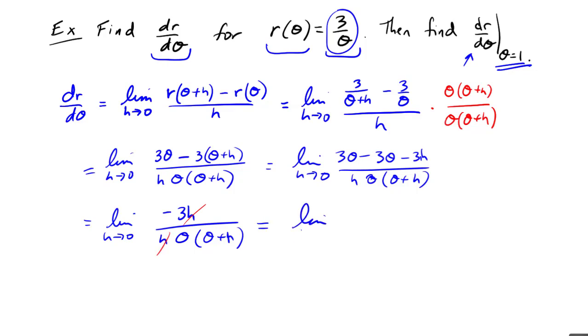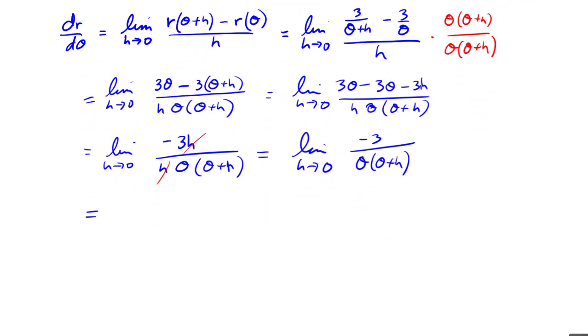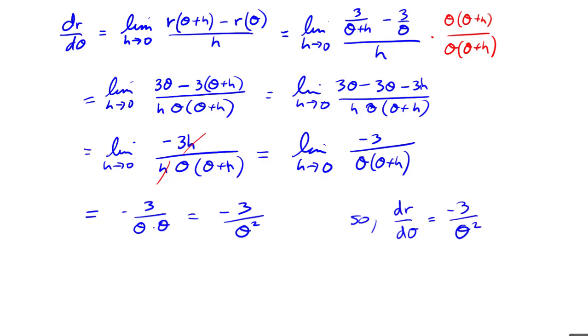And then we get the limit as h approaches 0 of minus 3 over theta times theta plus h. And indeed, I don't need the limit anymore because I'm going to evaluate it, put in 0 for h, I get minus 3 over theta times theta, or in other words, minus 3 over theta squared. So what we found, dr d theta, was equal to minus 3 over theta squared.